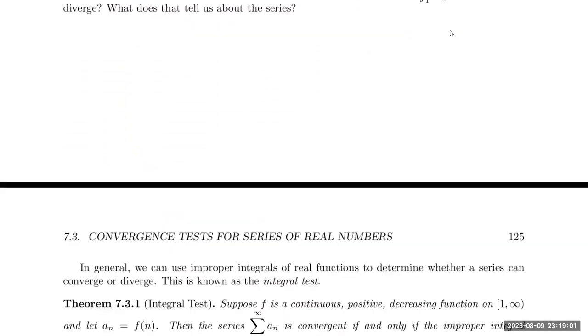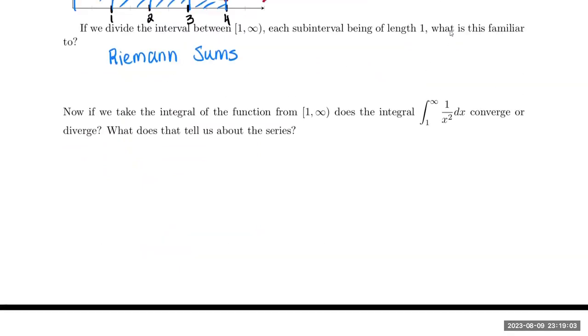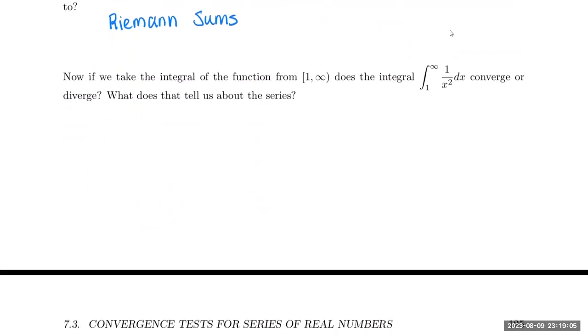All right, so let's try to compute this integral over here. Remembering that if we take the integral from 1 to infinity of 1 divided by x squared dx, this is just going to be equal to negative 1 divided by x evaluated from 1 to infinity, which would just equal 1.